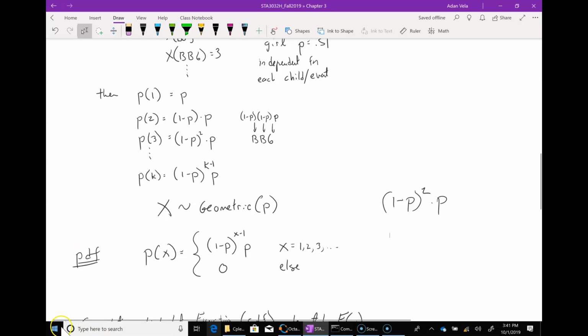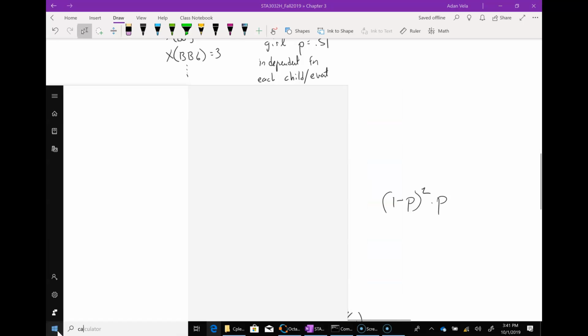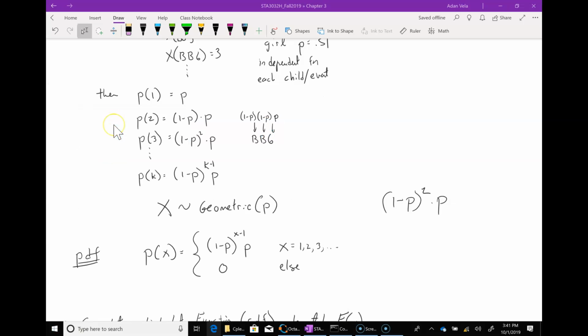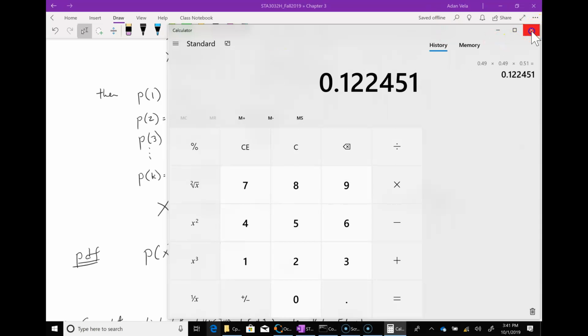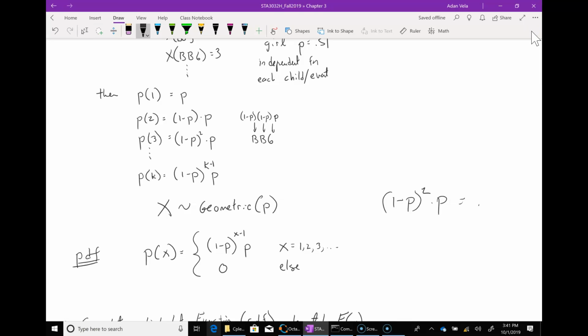And we can do that on our calculator. So it would be 0.49 times 0.49 times 0.51. So it would be something like 0.122 probability that I have 2 boys before a girl.